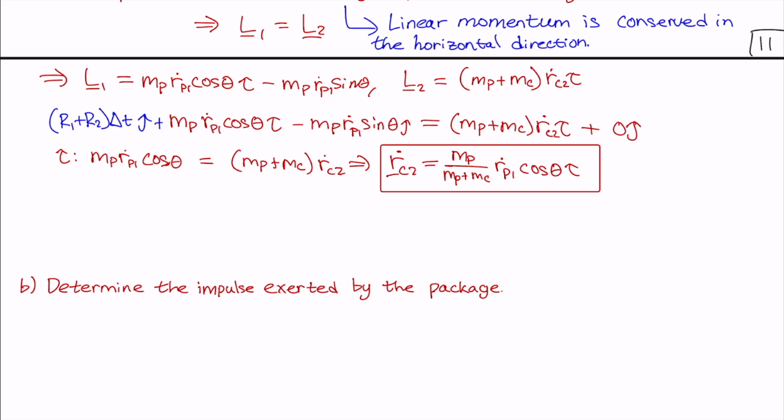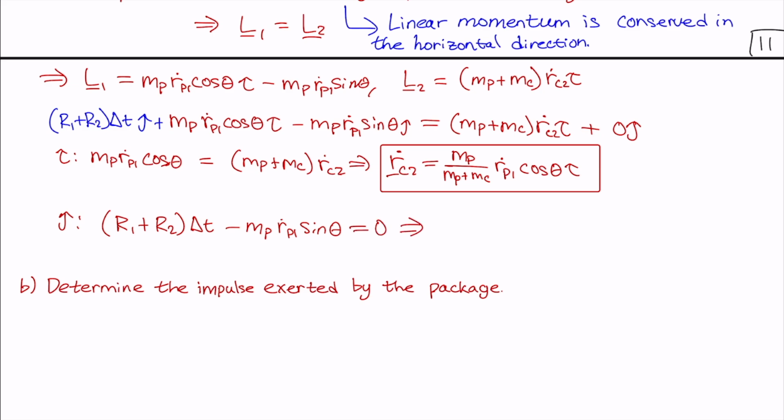Now, we didn't ask for this, but I'm going to do it anyway. In the J direction, we're going to have here (R1 plus R2) delta t minus m_P r_P1 dot sine theta equal to 0.